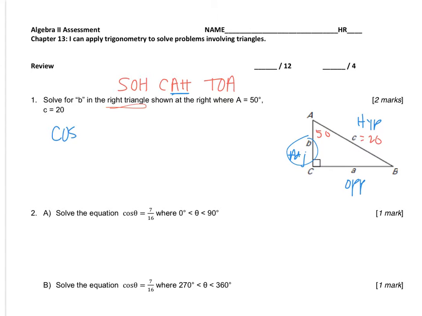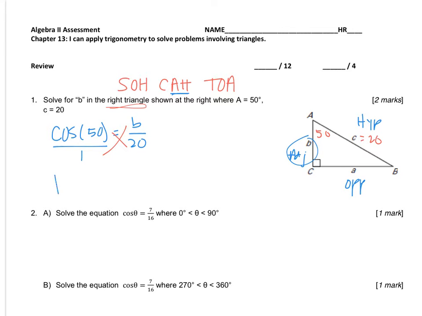So cosine of the angle, so it's the angle that comes right after the cosine, so in this case that's 50, equals adjacent over hypotenuse. So I'm going to put this over 1 and cross multiply.